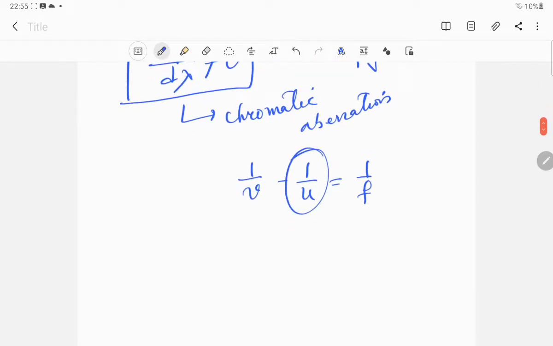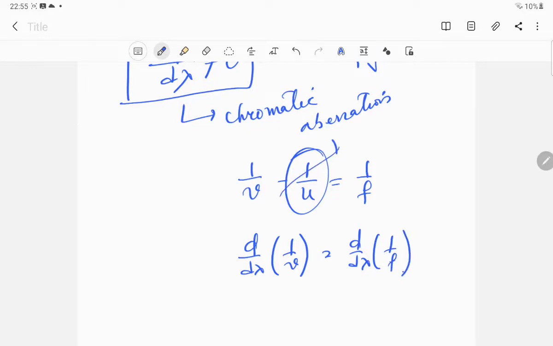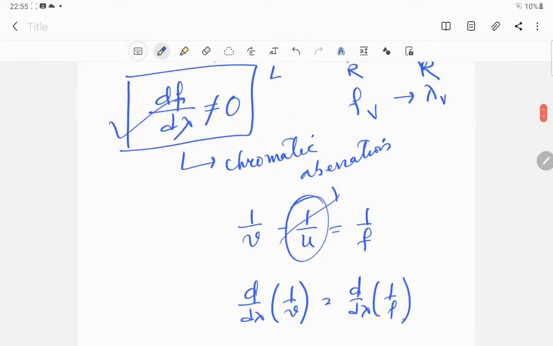If you differentiate it with respect to lambda, d by d lambda of 1 by v is equal to d by d lambda of 1 by f, because the u term is equal to 0, it doesn't vary, it remains constant. So if there is a variation of f with respect to lambda, there will definitely be a variation of v with respect to lambda. It is also not equal to 0. So that is the conclusion.